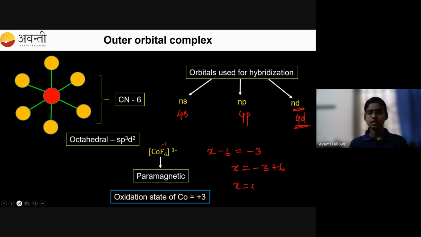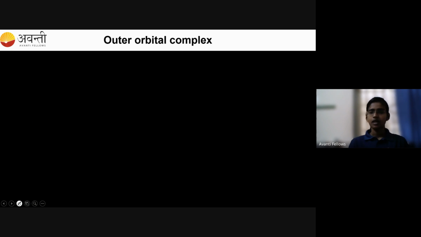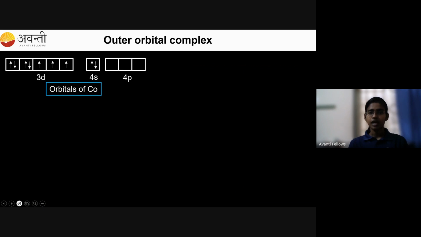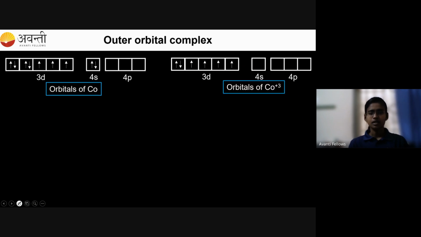It is +3. Okay. So again, the oxidation state of cobalt is +3, and we have 3d7 4s2 in normal cobalt, and in case of Co3+ it is 3d6 4s0. Okay.